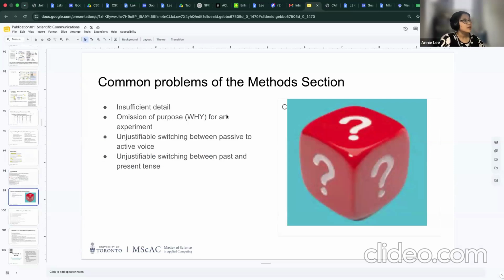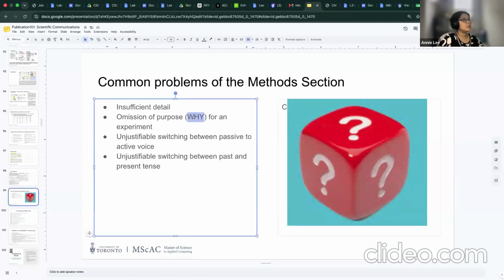Okay. So common problems of the method section: you don't have enough details for reproducibility, you didn't tell me why or the purpose, or you switch between passive and active, like using "we did this" versus "it was done". And you keep switching back and forth between past tense and present tense.